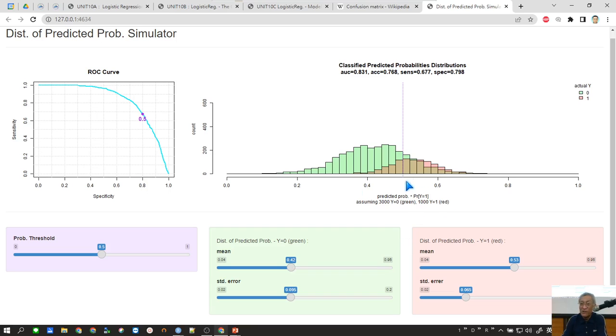The brown color is actually just the overlay of red and green. This is not true. This is a simulator. I just want to show you the idea about how it works.